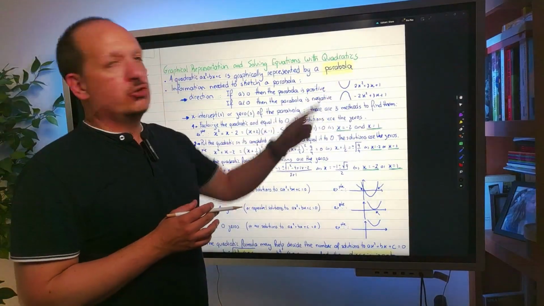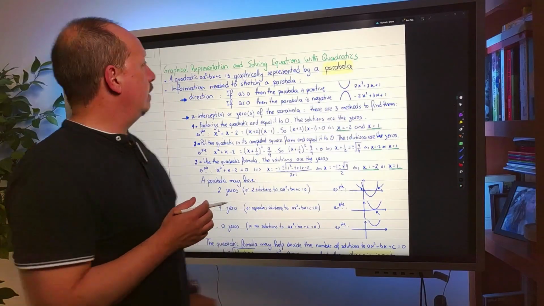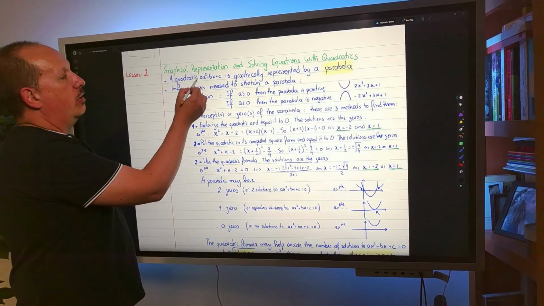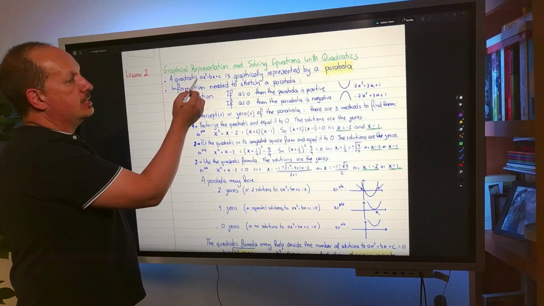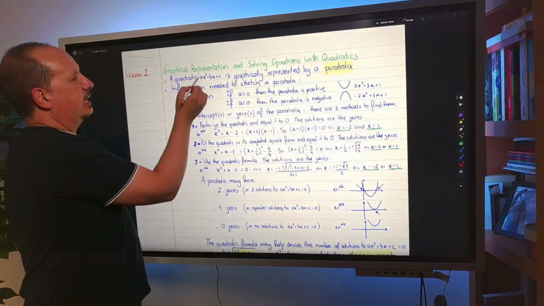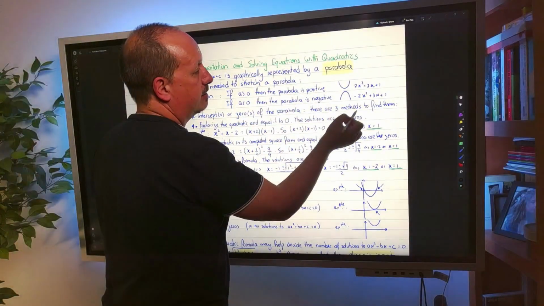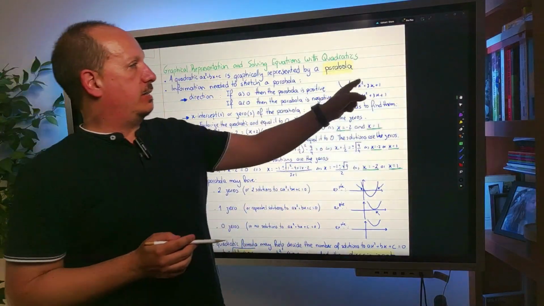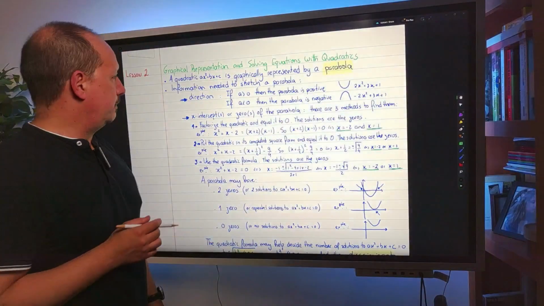To learn which one you'll have, you just have to look at the coefficient of x squared. If this is a positive number, then the parabola is like this. If this is a negative number, then the parabola is like this, right? You can see with this example over there.